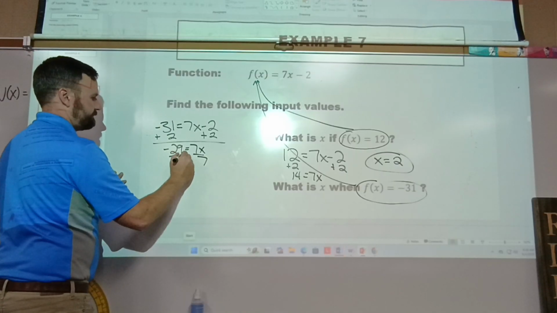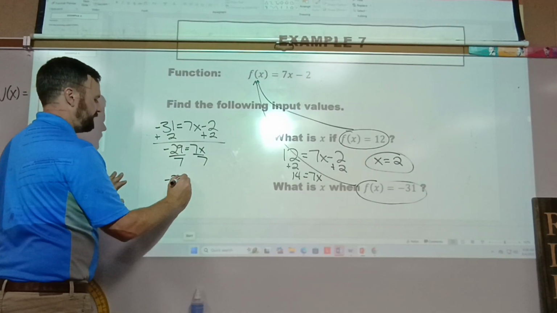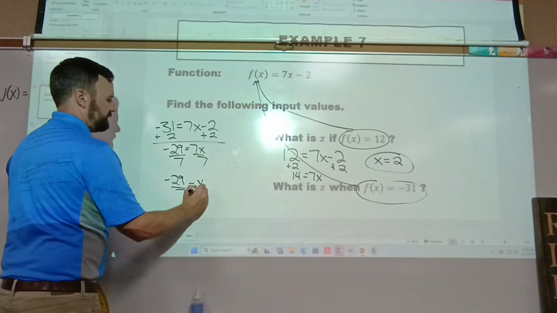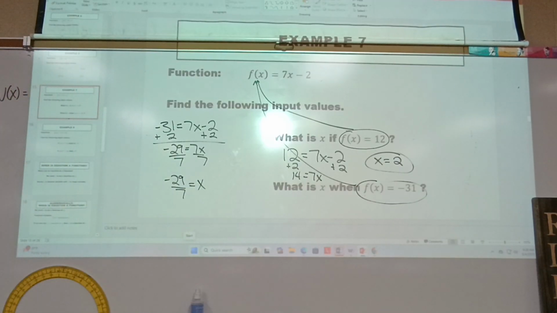Uh-oh. Can I write my answer as a fraction? Yeah. Hey, pay attention on the Moodle. Sometimes they want fractions, sometimes they want decimals. All right. Do you guys have questions on that? Are we okay?